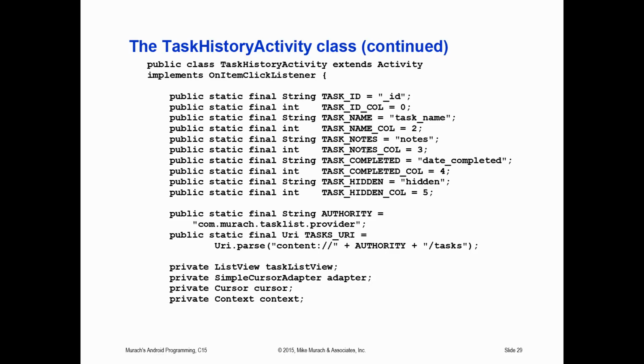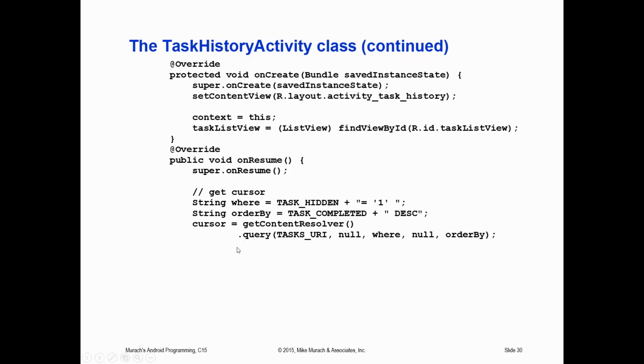After defining the constants, it declares some instance variables that are used throughout the class. You've got a list instance variable for the list view that stores the tasks, a cursor adapter, the cursor itself, and the application context. Then the onCreate method begins by displaying the activity task history layout.